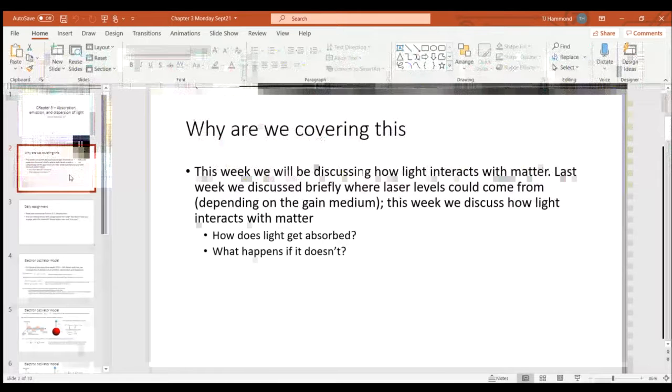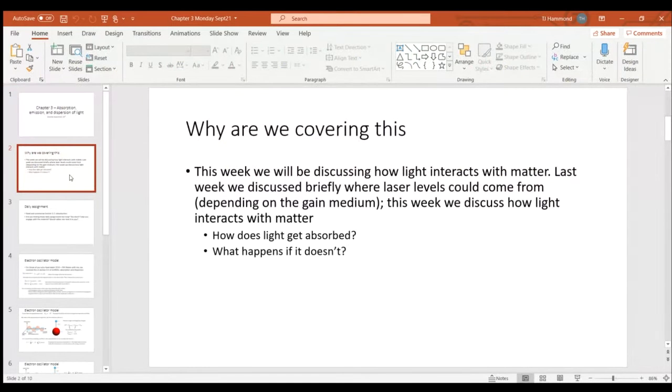But for the grad students of this course who've probably seen some quantum mechanics before, I'll get you to read up on the quantum mechanical treatment and see that you get the same answer, but discussed in terms of discrete levels as opposed to classical levels. So what we want to understand this week is how light gets absorbed, and what happens as light passes through a material if it doesn't get absorbed.